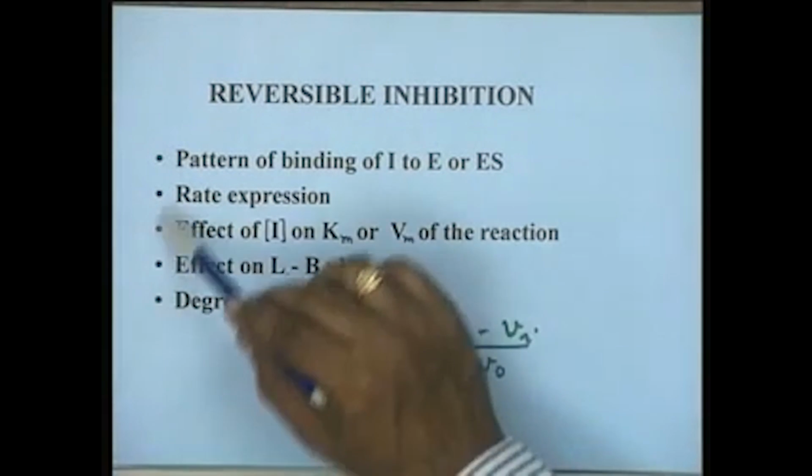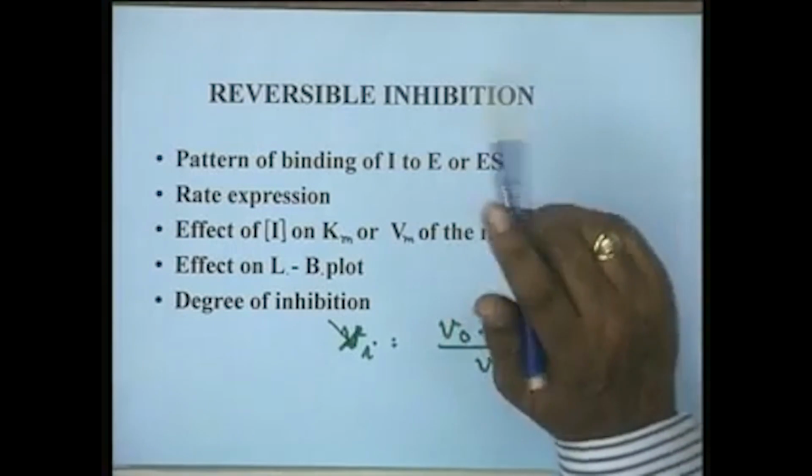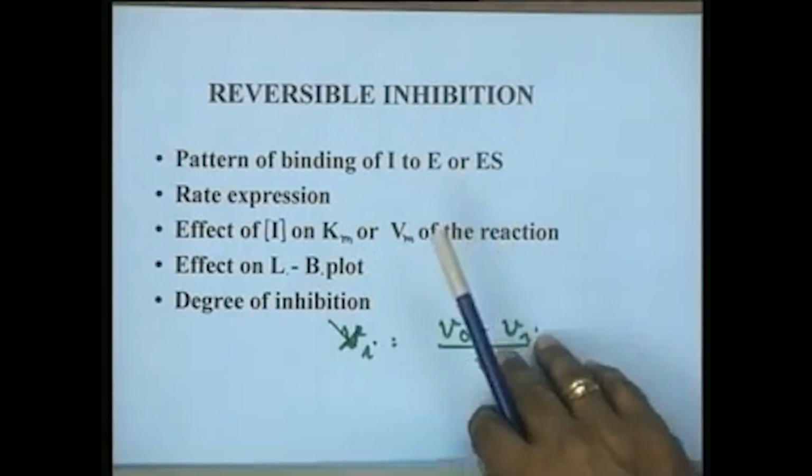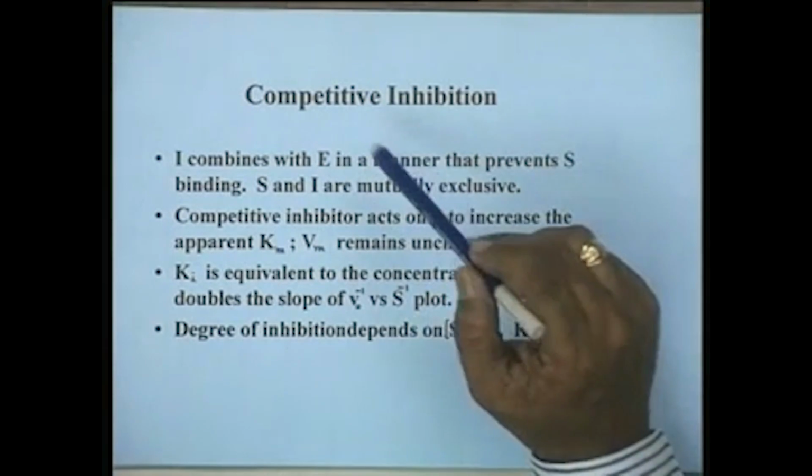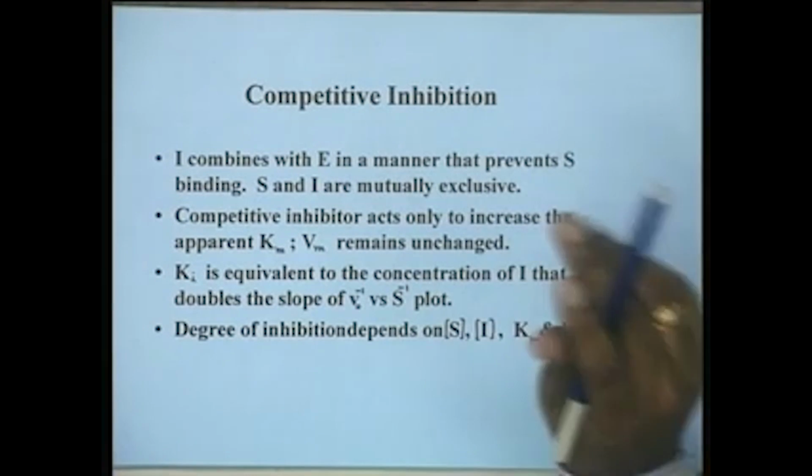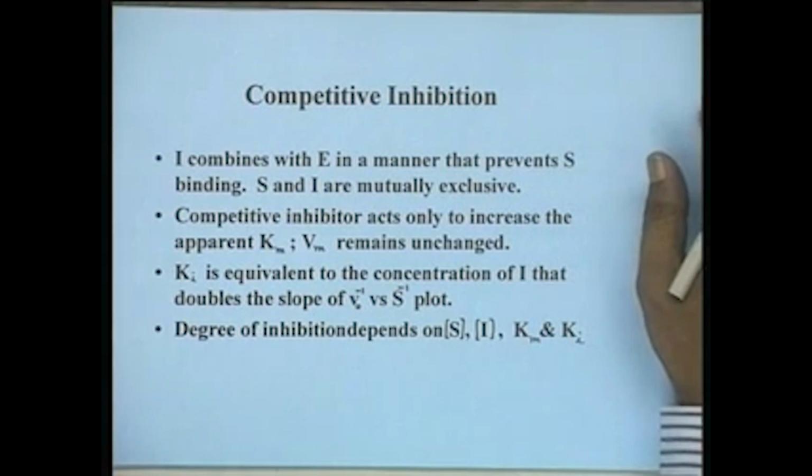Now, basically any inhibition pattern is studied on these basic lines, and yesterday we had looked at competitive inhibition. To summarize the nature of competitive inhibition, the basic mechanistic step was that the inhibitor combines with the enzyme in a manner that prevents substrate binding.